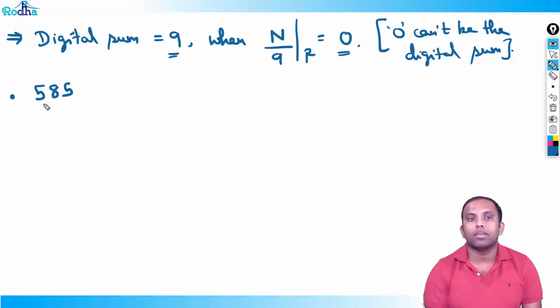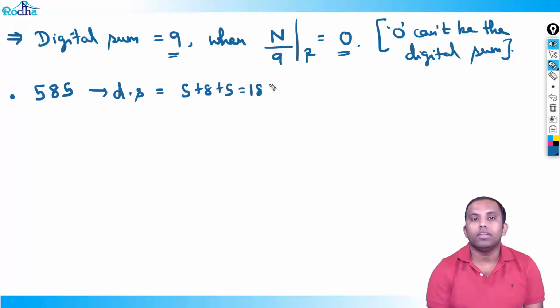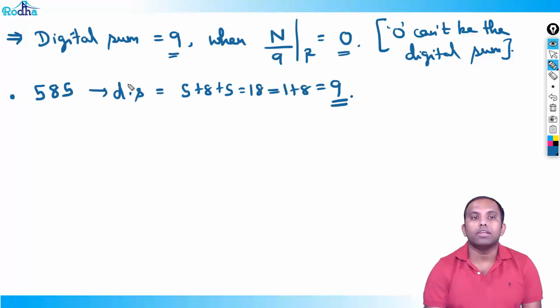585 is a number, right? So what is the digital sum of 585? Digital sum of 585 is 5 plus 8 plus 5, that is 18. Again 1 plus 8, that is 9. So 9 is the digital sum of 585.